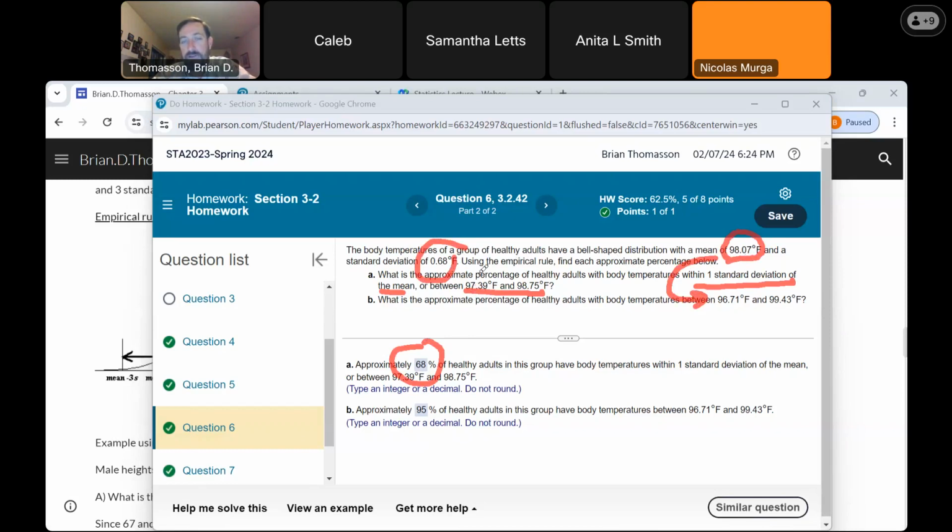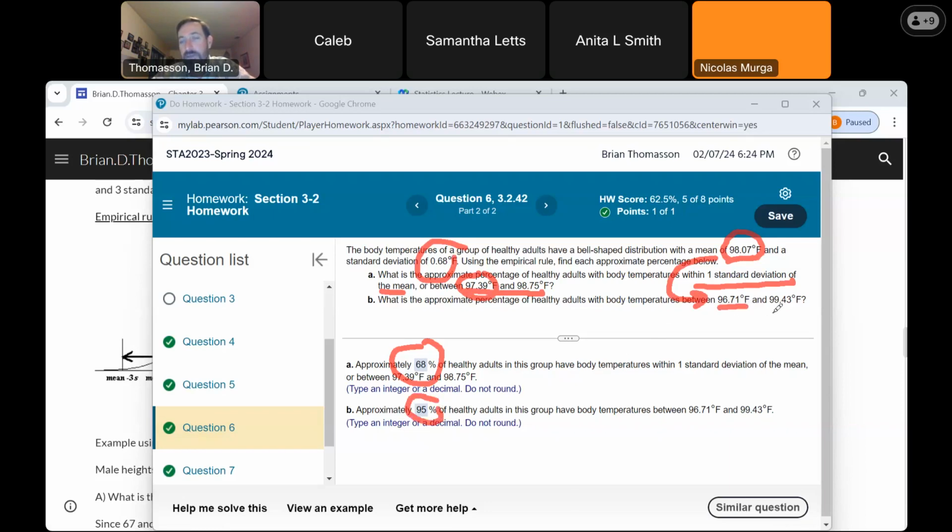From part A, I know that that's 97.39. And if I subtract the 0.68 again, that gives me the 96.71. I don't have quite the skills to do that in my head, but I see that the answer is 95, so it has to be 2 standard deviations below.